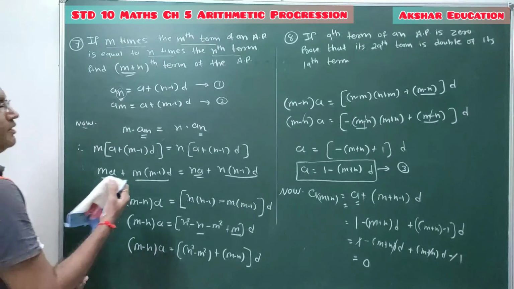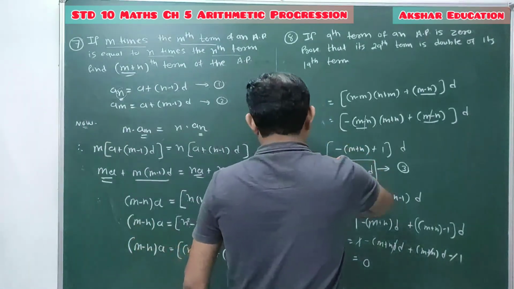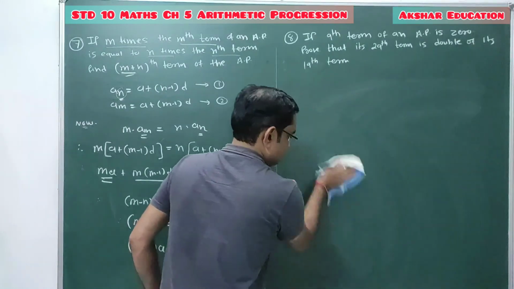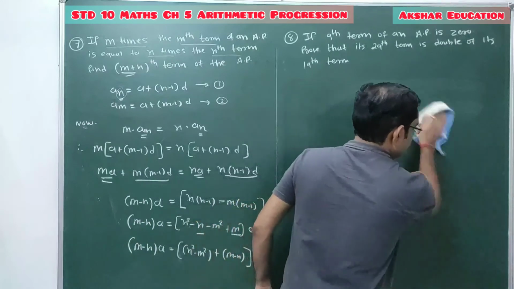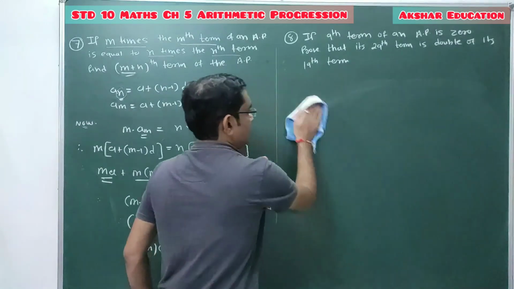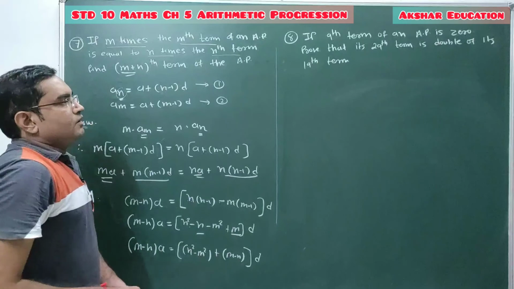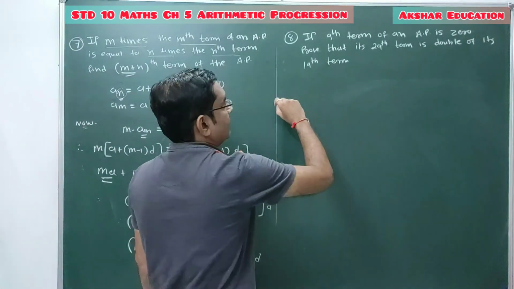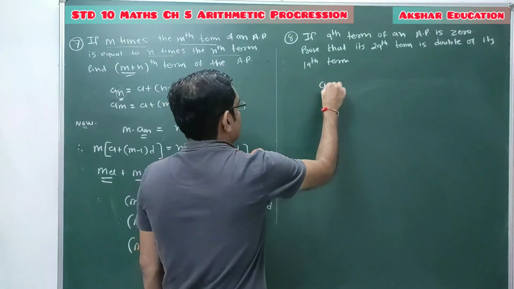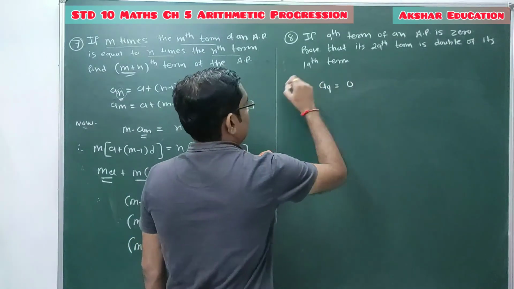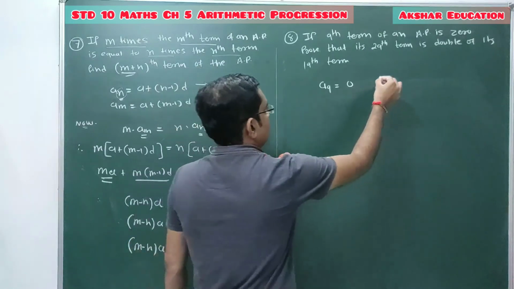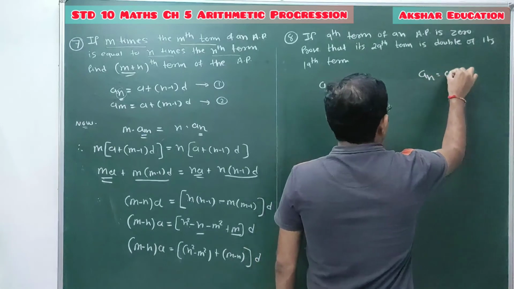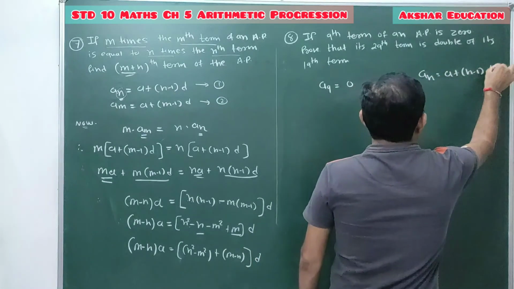Now question number 8. For this 8th sum, we are given that 9th term of an AP is 0. So 9th term is 0. So 9th term means our nth term formula, you write it down: nth term is a plus (n minus 1) into d.